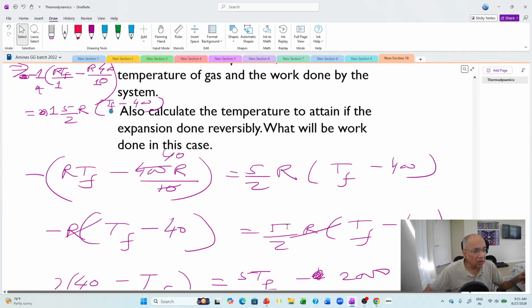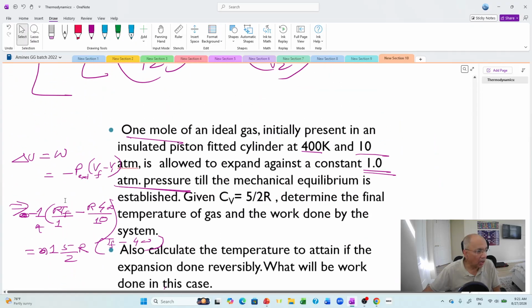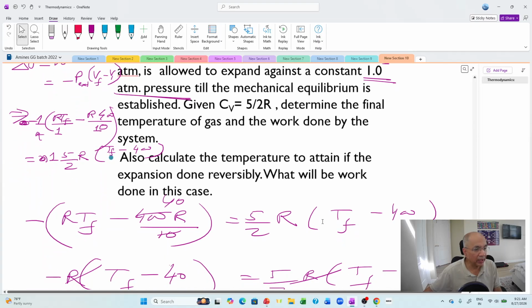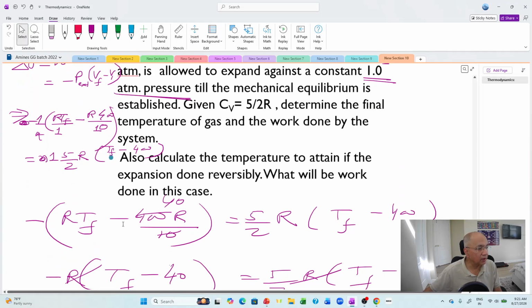CV is delta T, final minus initial, 400 K initial, and here RTF minus this, V2 is RT by P, that is the final volume, minus the initial RT by the initial pressure, which was 10 atmosphere, yes. And then we equalized, minus RTF minus 400 R by 10.